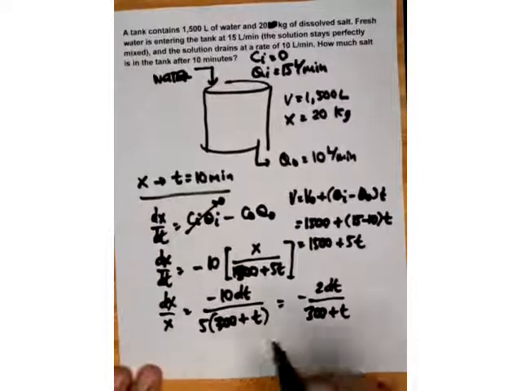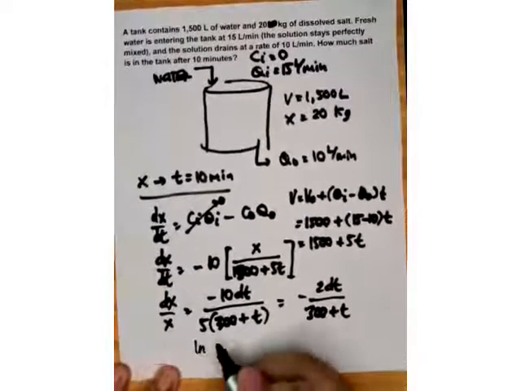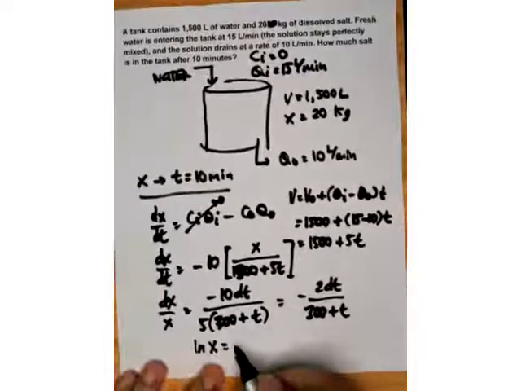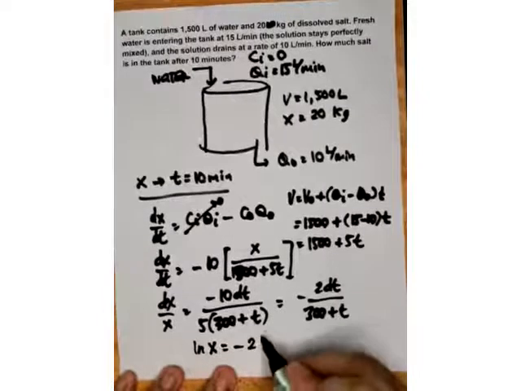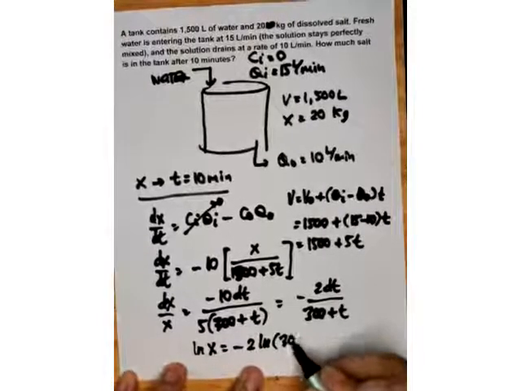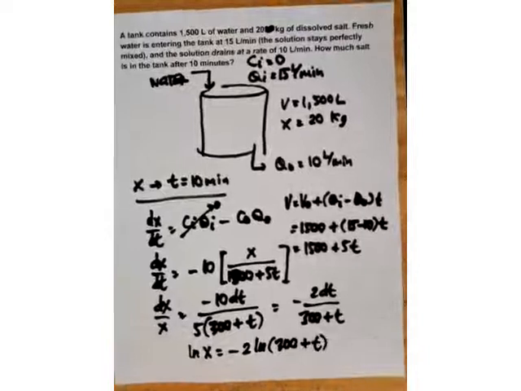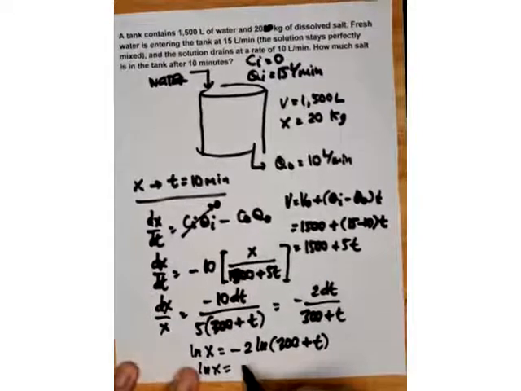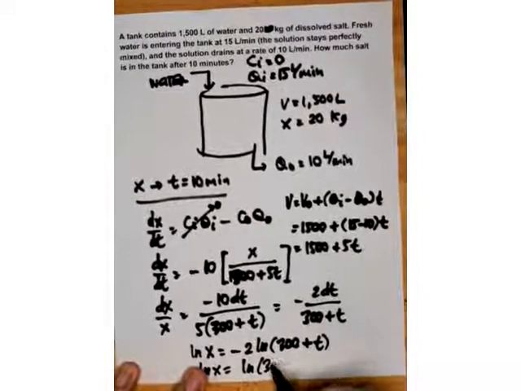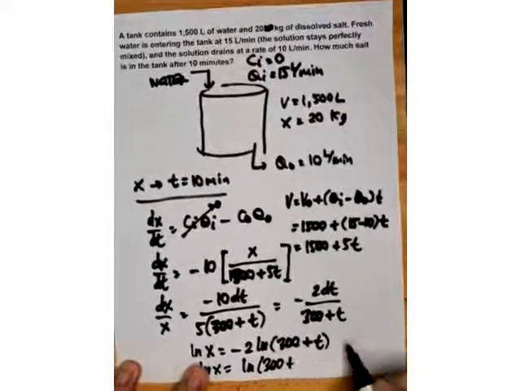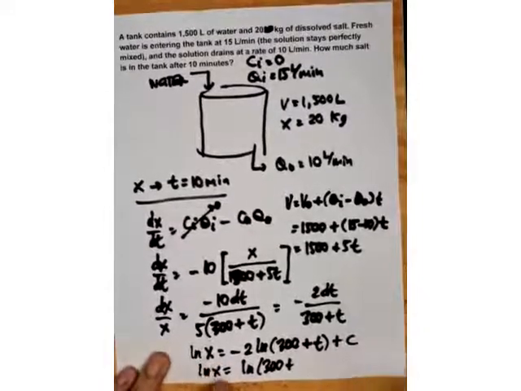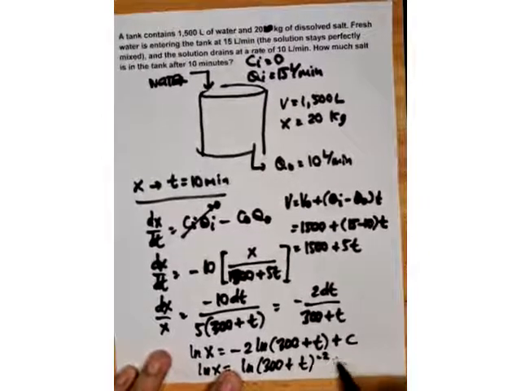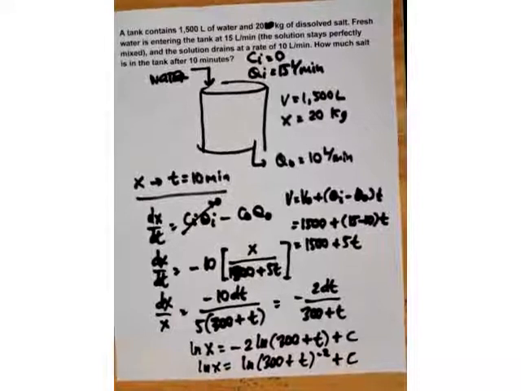So if you will integrate both sides, so this will be ln of x is equal to negative 2 ln of 300 plus t. Or ln of x is equal to ln of 300 plus t raised to negative 2 plus c, sandali, nawawala yung c.